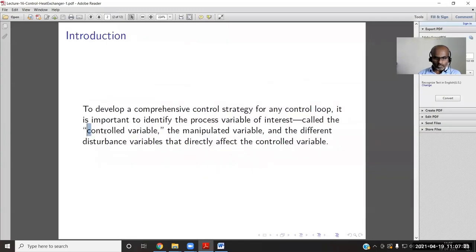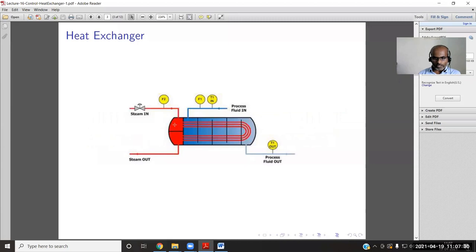We are going to see what is a controlled variable, what is a manipulated variable, and what are the disturbances affecting the process. In the case of a heat exchanger, what we are interested in controlling is the process fluid temperature. So say there will be a process fluid and there will be a heating fluid or cooling fluid.